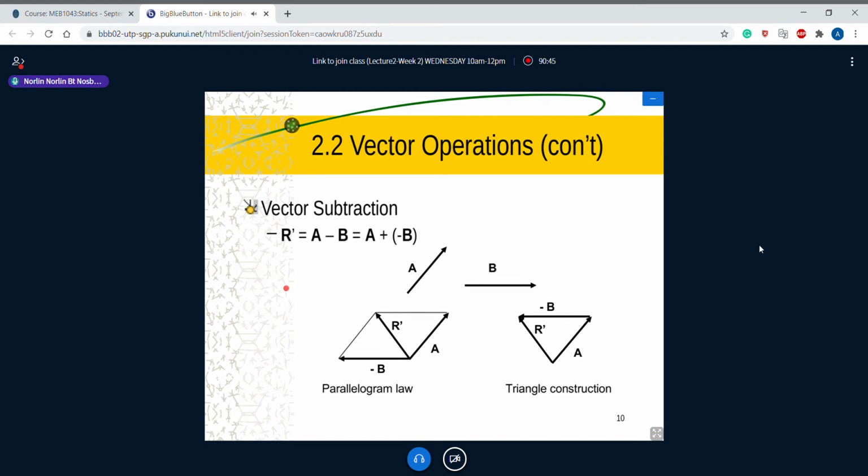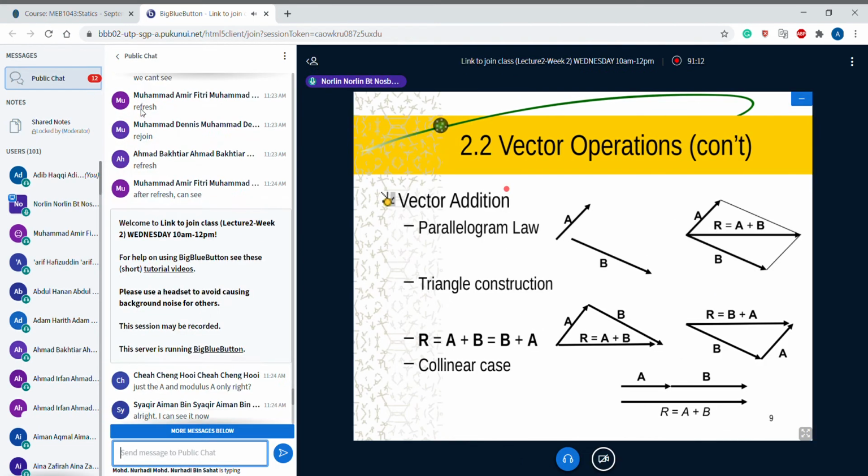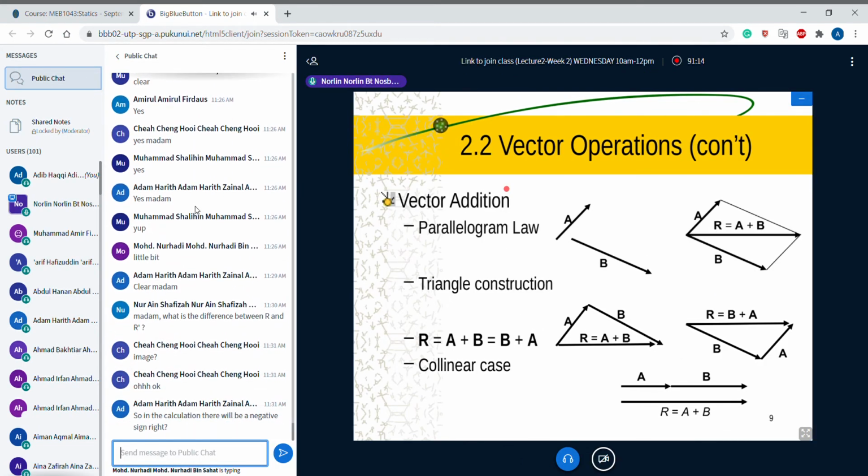It is just for the image. If I write it as R as well, you cannot tell clearly which one is for subtraction and which one is for addition. You just want to show the difference between addition and subtraction. Actually, it is the same.